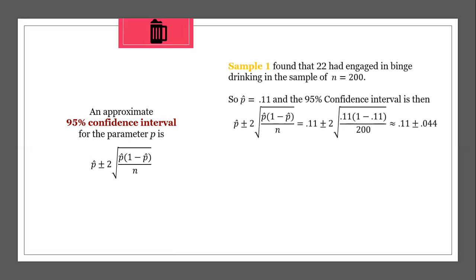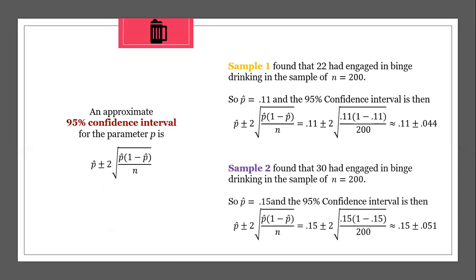So let's say I go out and I get my sample, we'll call it sample one, and I get 22 people out of 200 who said they had engaged in binge drinking. So my p hat, my estimate for the percent of college students that engaged in binge drinking, is 11%. So my confidence interval is 11% plus or minus 0.044.